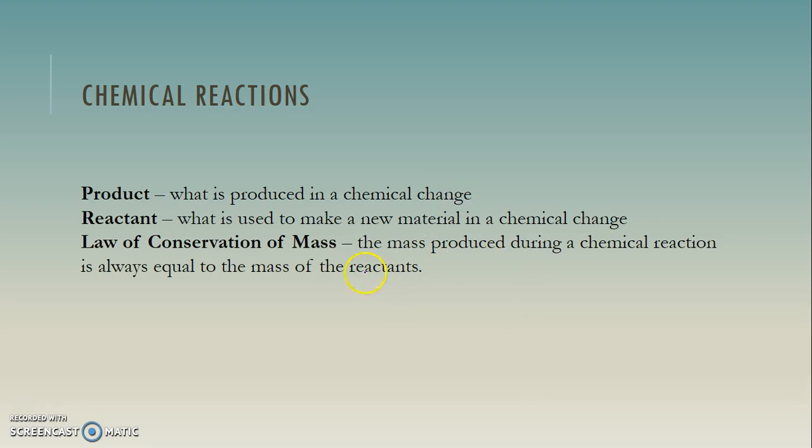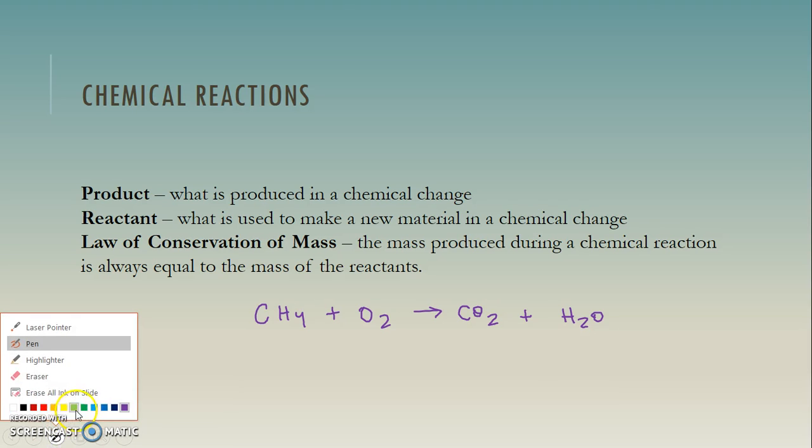Okay. I wrote one of these for you a while ago. I wrote this one, CH4 plus O2 yields CO2 plus H2O. This was our methane burning. Okay, products are over here on the right. They are the things that come out of a chemical reaction.